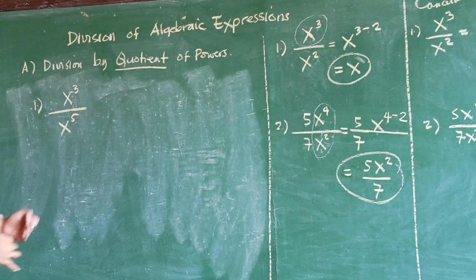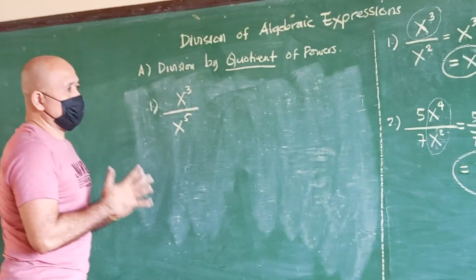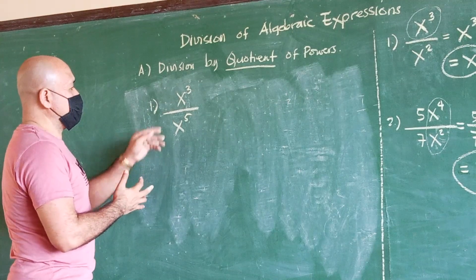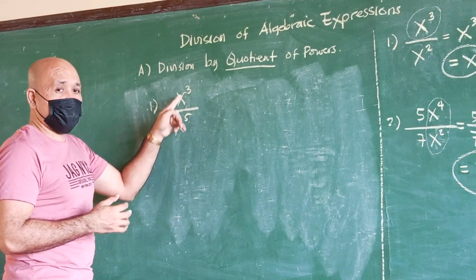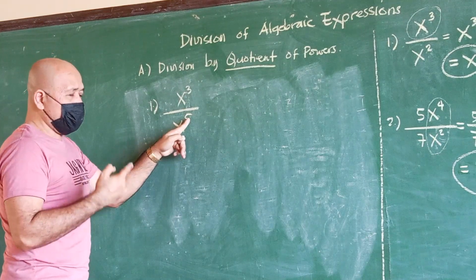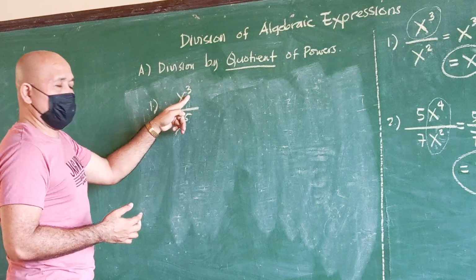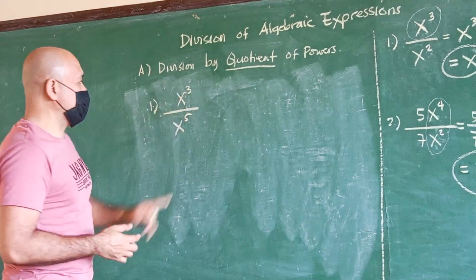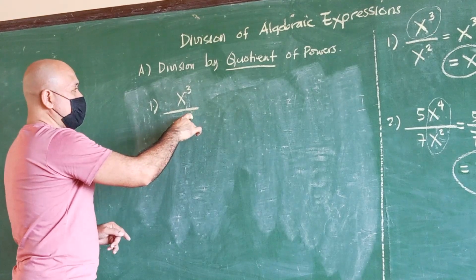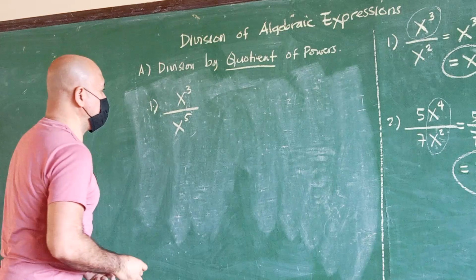And the third scenario, the last where you can divide algebraic expressions directly and easily, is when you divide the same variables, but the exponent in the denominator is now bigger compared to the exponent in the numerator.